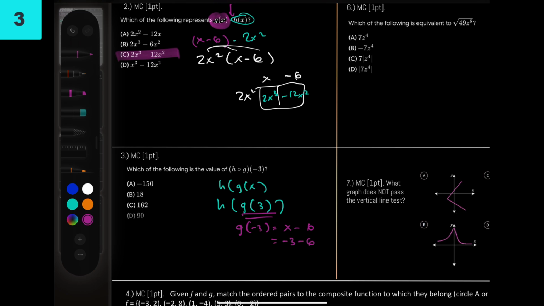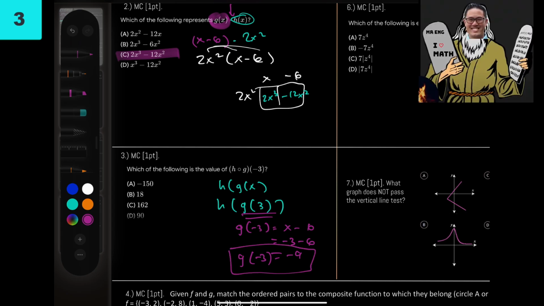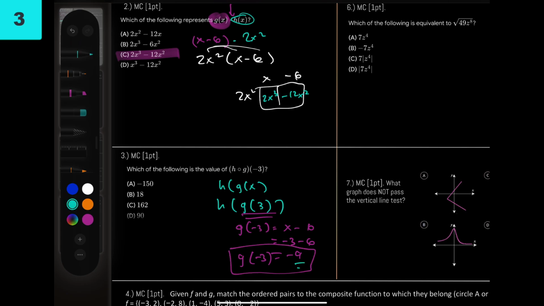So -3 minus 6 is -9. g of -3 equals -9. So now I'm going to take that -9 and put it into h. h is 2x squared. So that gives me 81, so that gives me 162. C is my answer.